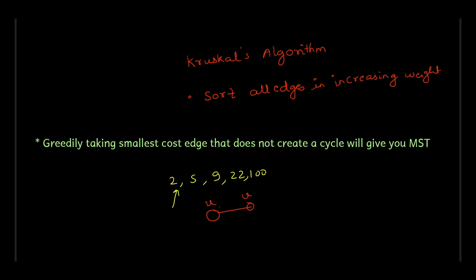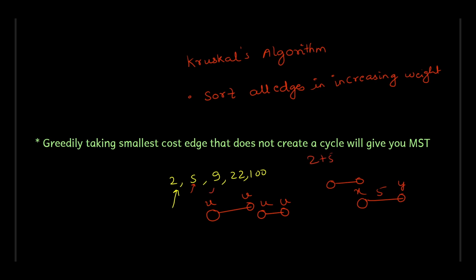So you combine u and v into one connected component. Then you take this edge with weight 5, and if they are part of a different connected component, say this is u, this is v, and the edge with weight 5 is over here, this is x and this is y, you take 2 plus 5 in your set.